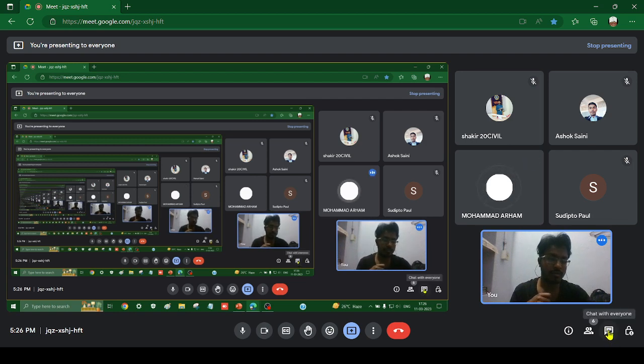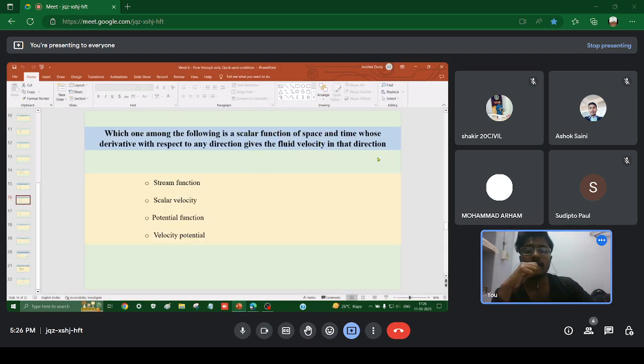So I believe this question means that among these four options, one is a scalar function of space and time, where space and time are variables. But the derivative of that function with respect to any direction gives the fluid velocity.